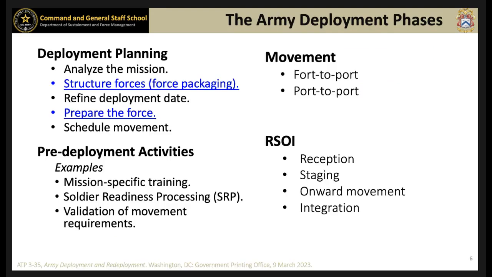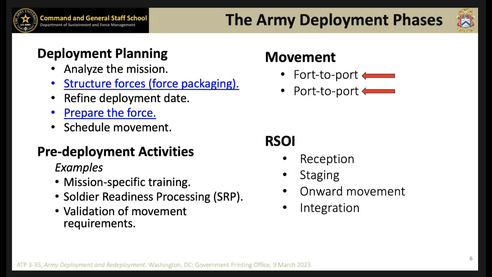There are subtle distinctions between joint and Army deployment doctrines. Joint doctrine adopts a unified approach, fusing planning with pre-deployment as a single phase. In contrast, the Army breaks down the movement phase into 2 distinct parts, fort to port and port to port.